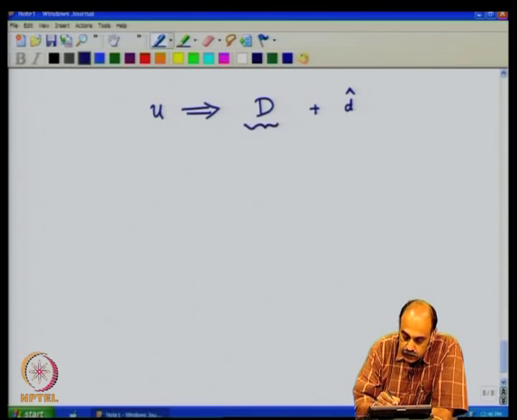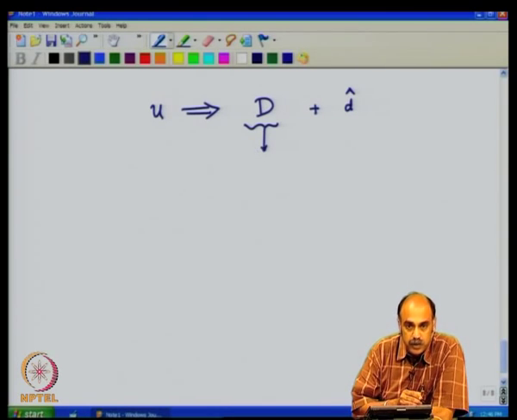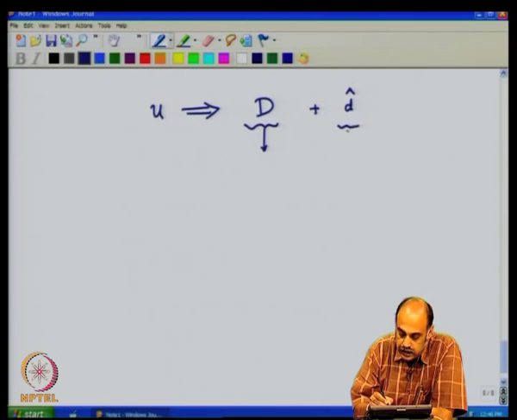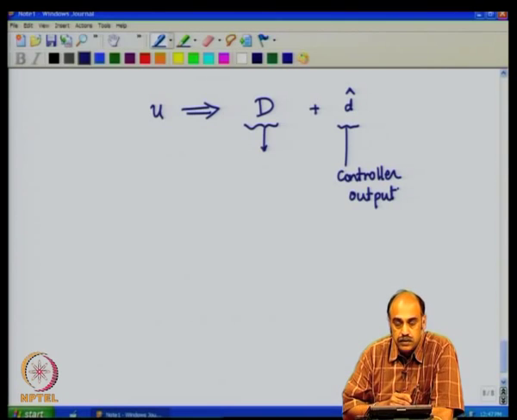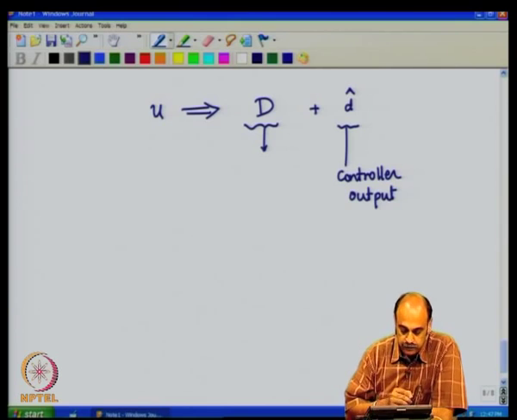So, the steady state duty cycle is a constant which is given directly to the open loop plant, and the controller output, which handles the deviations about this steady state value, is coming from the controller. So, the controller output provides these small signal corrections to the plant.